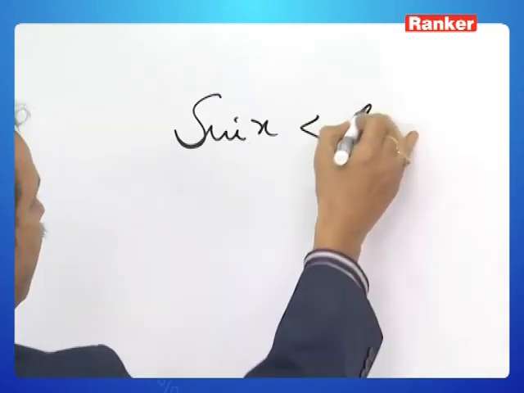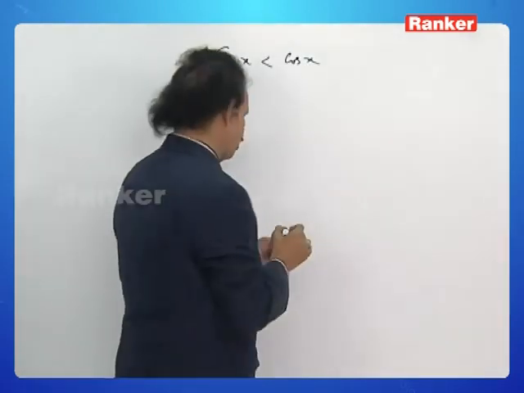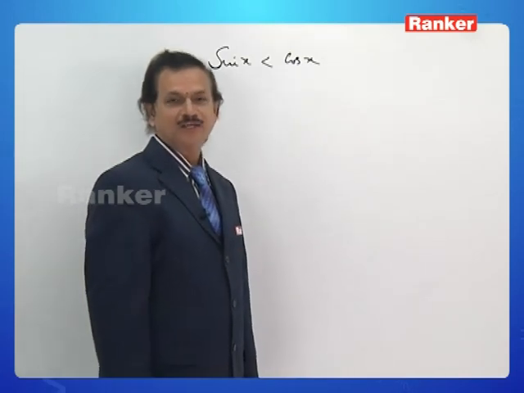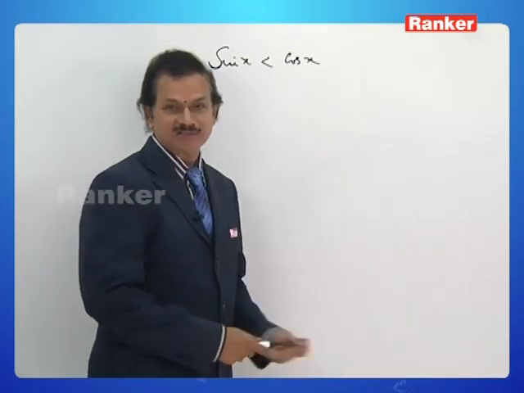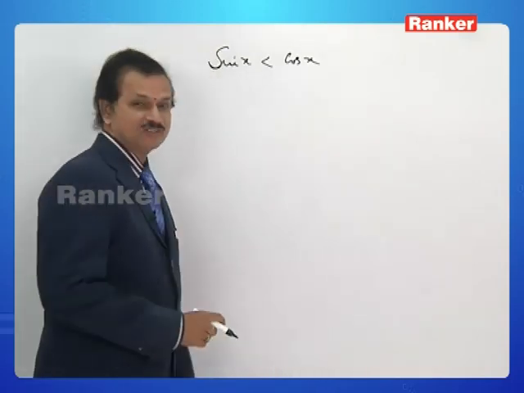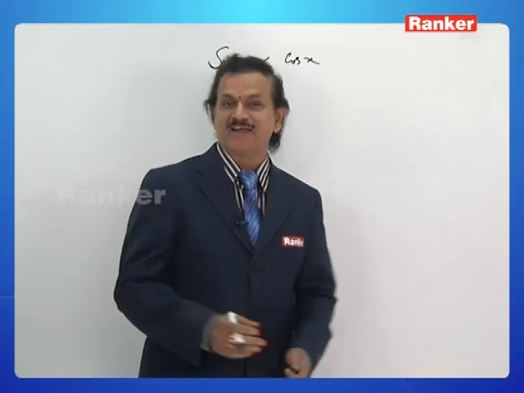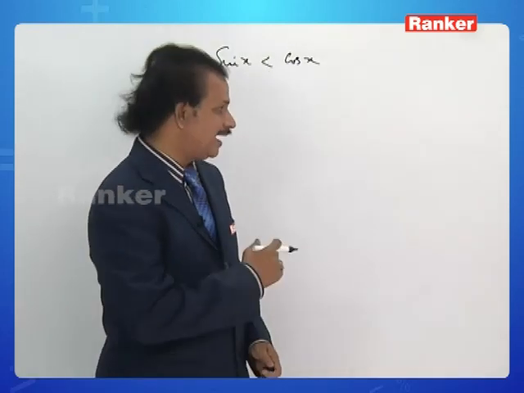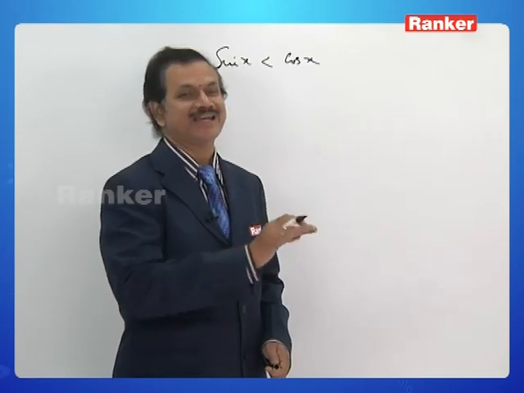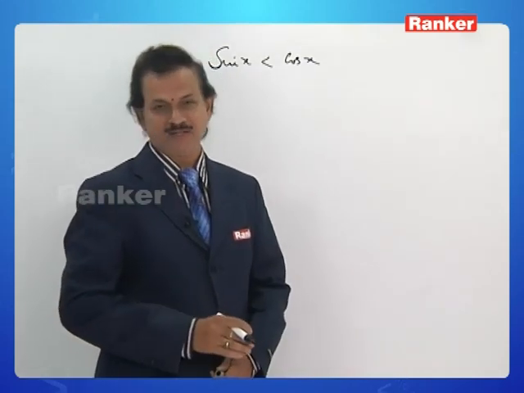Sin x is less than cos x, then x belongs to, he has given certain options, some intervals. Sin x is less than cos x. How can we notice it? Actually speaking, there is a graphical explanation also. You may have to draw the two graphs together, in one graph, both sin x and cos x must be represented.